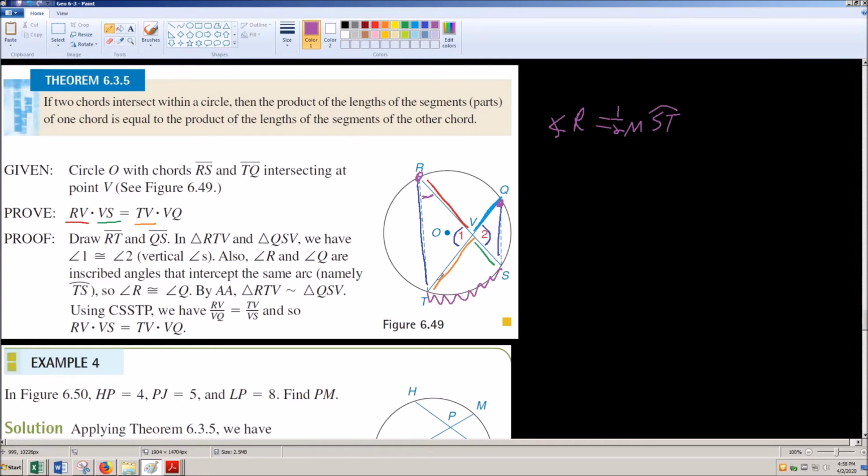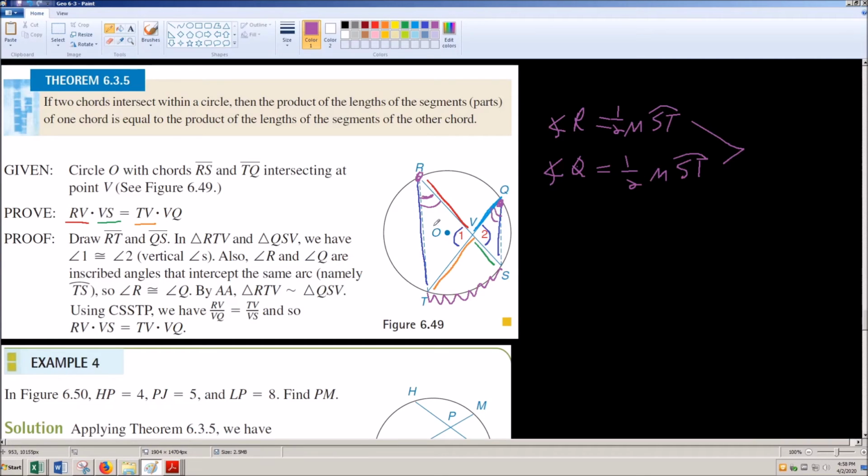It's this arc ST. So I'm also going to write angle Q is equal to 1/2 the measure of arc ST. What have we just established? These two are congruent. So now I'm going to put a little double tick here and a double tick here.